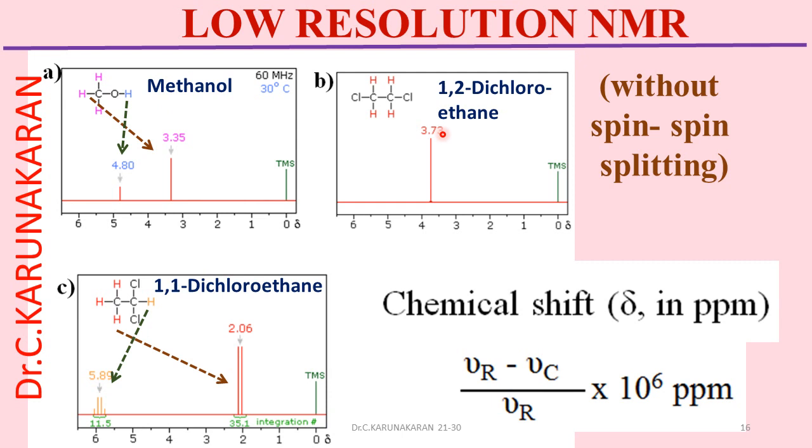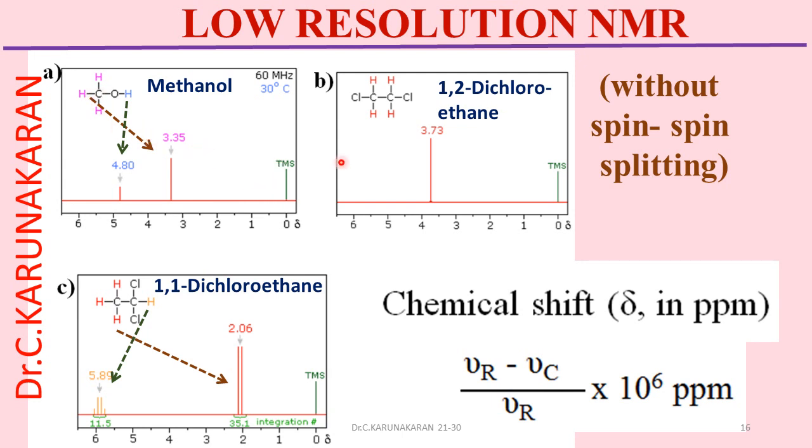Here, there is no spin-spin splitting; we will see spin-spin splitting further. There are two types of protons, therefore there are two signals because of two different chemical environments.